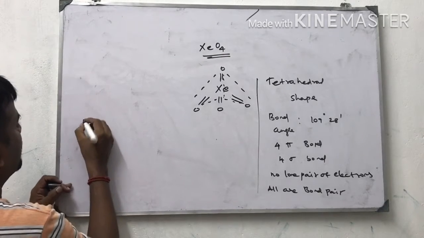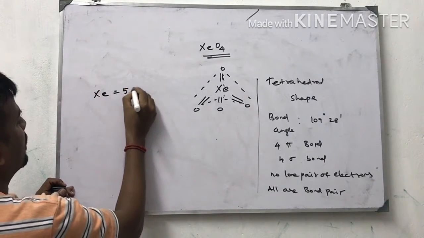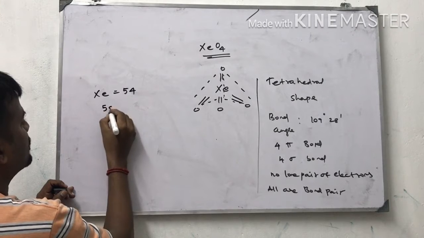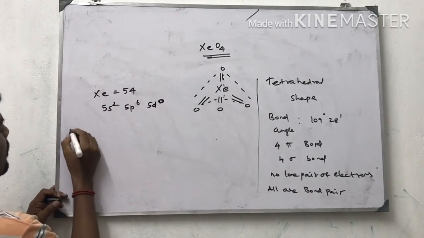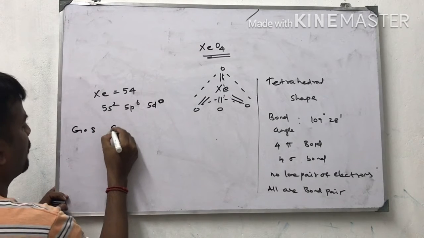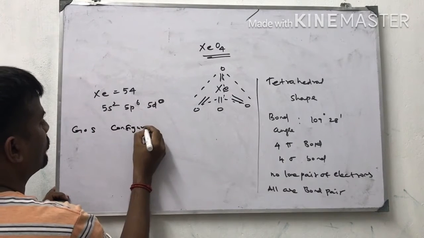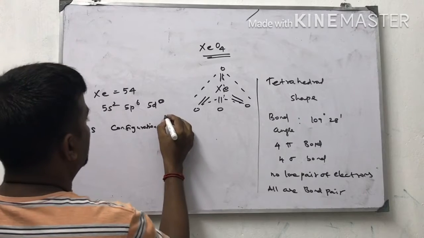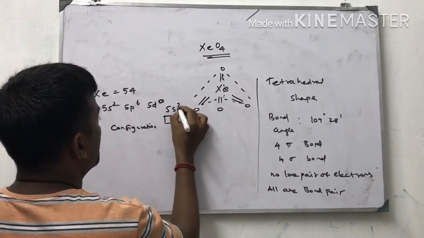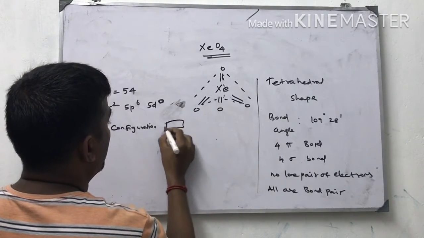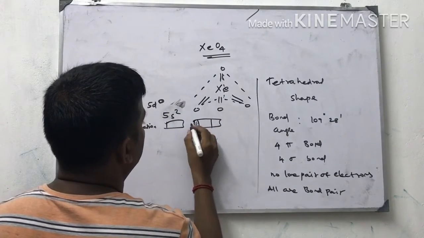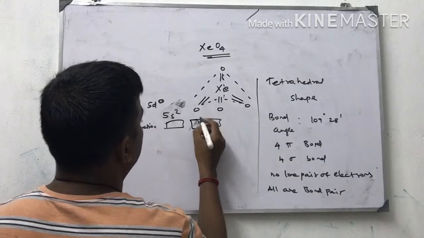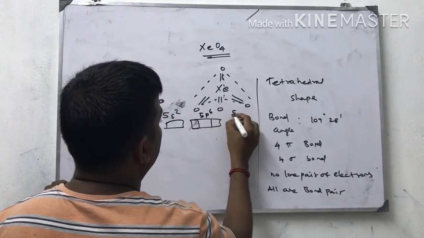Next we are going to write the electronic configuration. Xenon 54: 5s2, 5p6, 5d0. This is the electronic configuration. Ground state configuration: 5s2, 5p6 and 5d0.